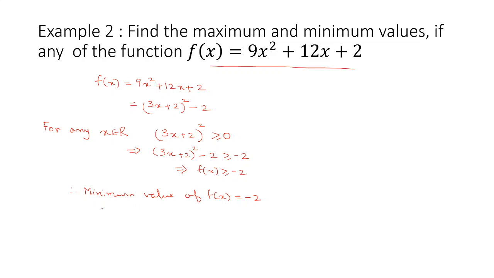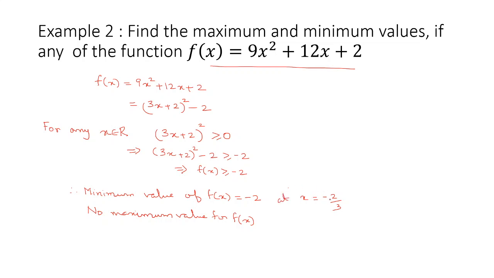So in this case also there is no maximum value for x belongs to R. No maximum value for f of x. Now to find the minimum point, the minimum value is attained when 3x plus 2 equals 0, or x is equal to minus 2 by 3.